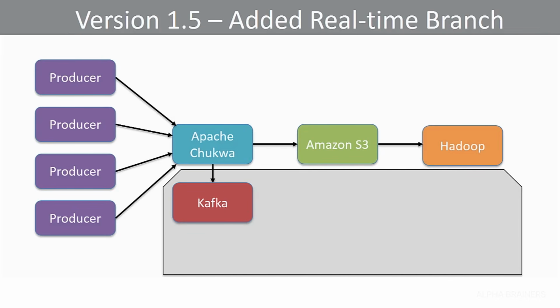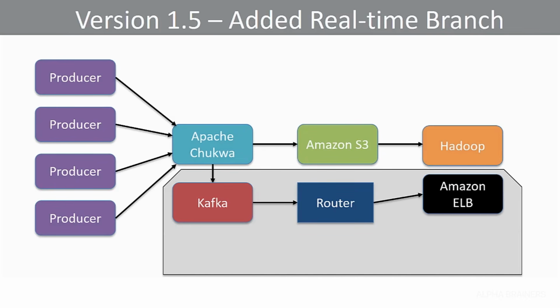By branching them off to Kafka, they were able to have Apache Chukwa be a producer, essentially, sending on certain messages to Kafka. Then it went to a router, and the router would tee the information off to two things: Amazon's Elastic Load Balancer, and also another set of Kafka servers, which would further transform and manipulate the data.